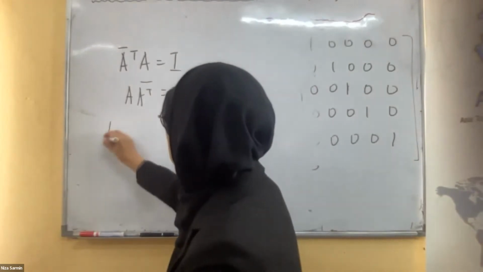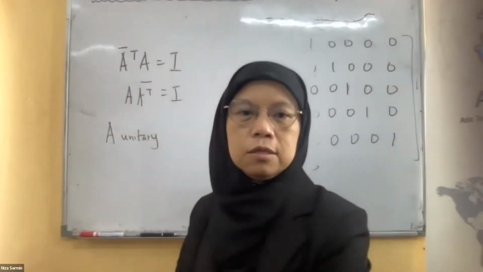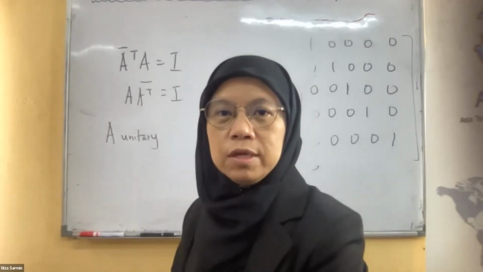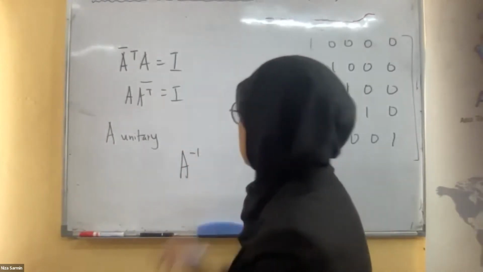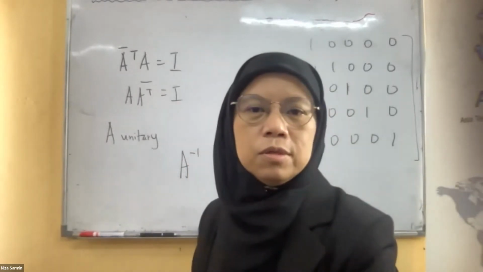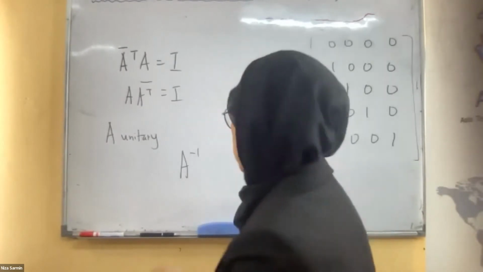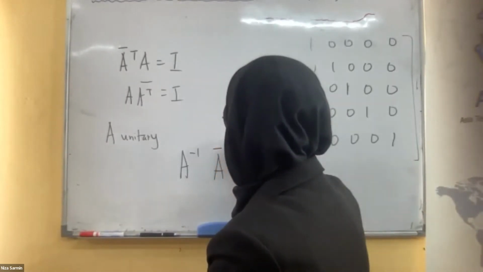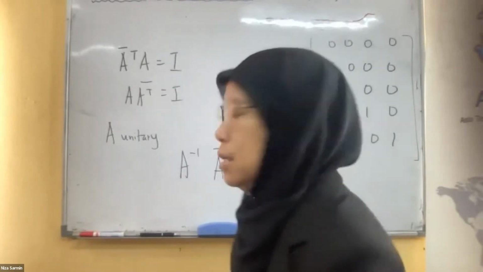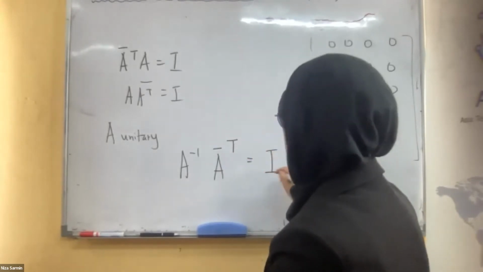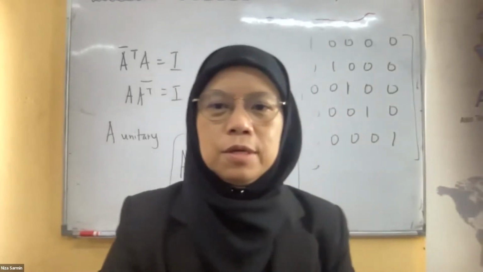Okay, if A is unitary, the product of the inverse of the unitary matrix and the conjugate transpose of this unitary matrix is I. This is the question, yeah? Okay.